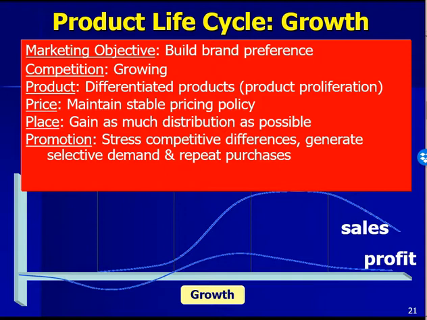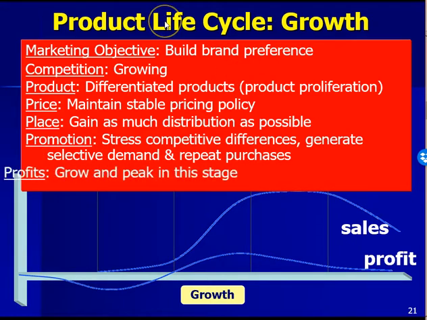Now that we have competitors, the goal is to engage in what we call building selective demand. So now we're building demand not simply for the product category, but demand for our particular brand.